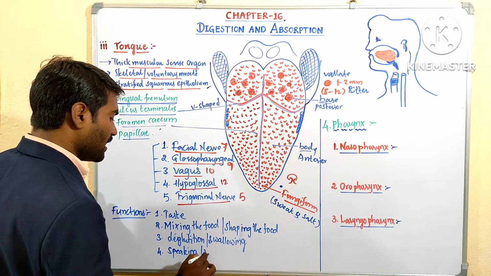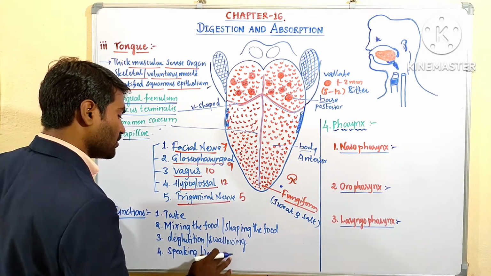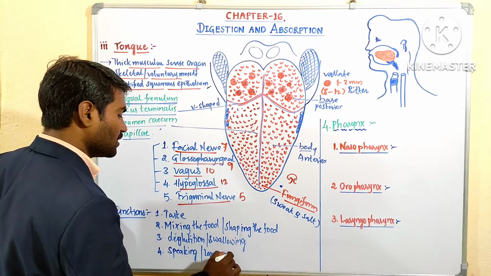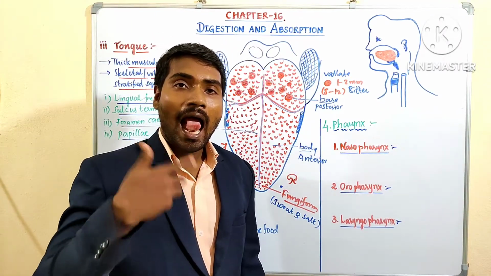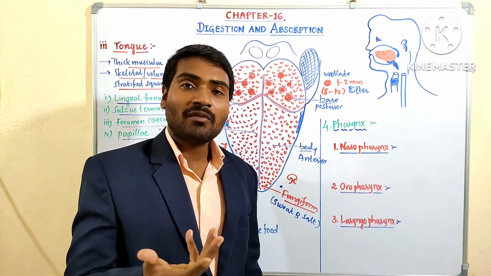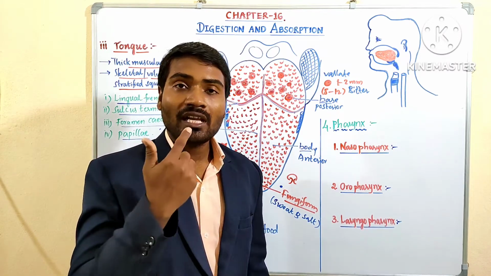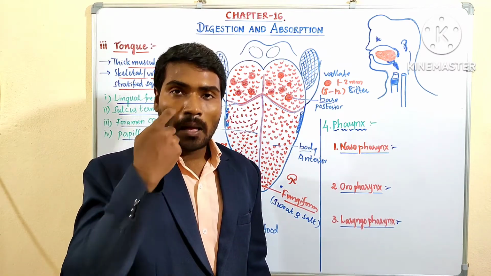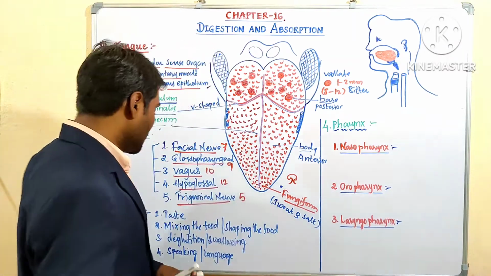Speaking is nothing but language. It converts the voice into language. If you don't move your tongue, try to speak. The voice comes from the vocal cords, but the voice can be converted to language only by the tongue. It will rotate the voice, then we can speak.